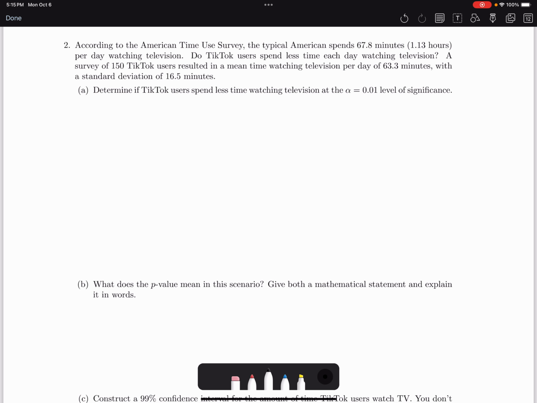Okay, so again, the first order of business is to figure out what test we're running. Are we testing a mean or are we testing a proportion? Now, in this case, if you went out and actually surveyed 150 people and said, how long do you watch TV every day? People aren't going to say green, right? They're not gonna give you a category.